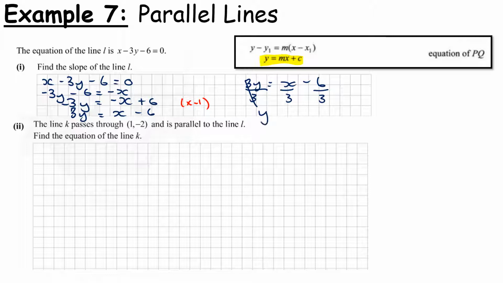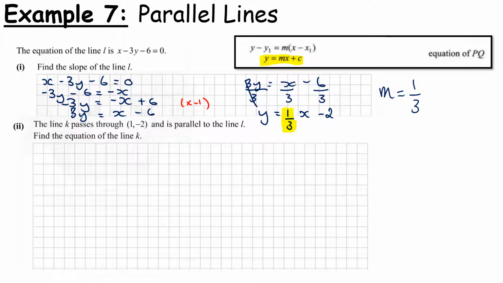So we're going to divide everything by 3. And we get y equals a third of x minus 2. That's another way we can write it. The reason that we write it like that is so we can really easily see the slope, which is the coefficient of x. So therefore my slope m is equal to a third. Remember, m is our universal letter for slope as we work through the coordinate geometry of the line.